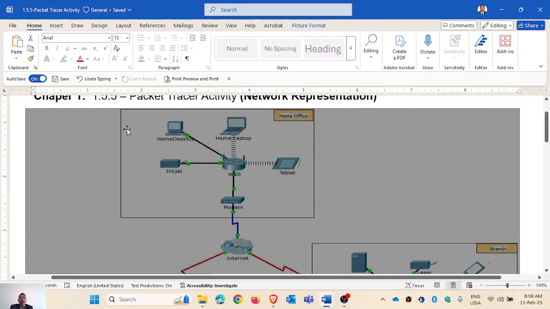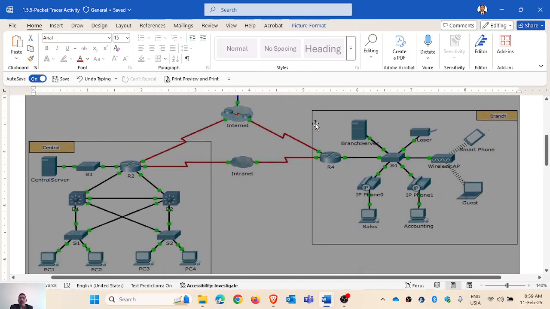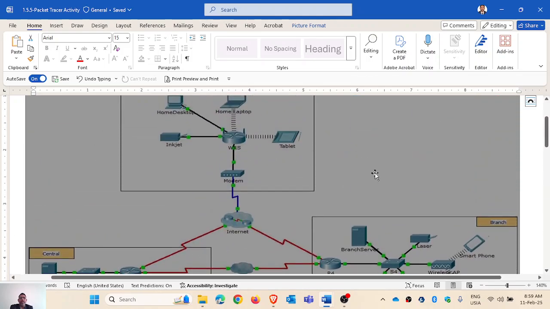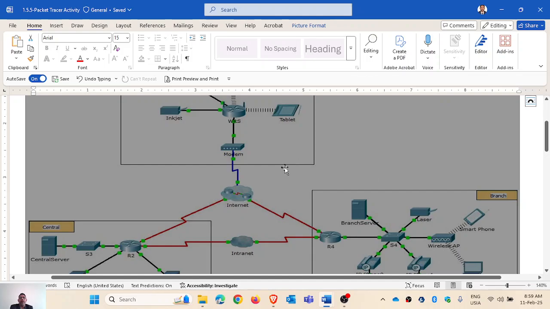This is one local area network, this is another local area network, and this is another local area network. All the LANs are connected with the help of the WAN. In that WAN, one part is the internet, connected with the world network, a wide area network that is called worldwide.